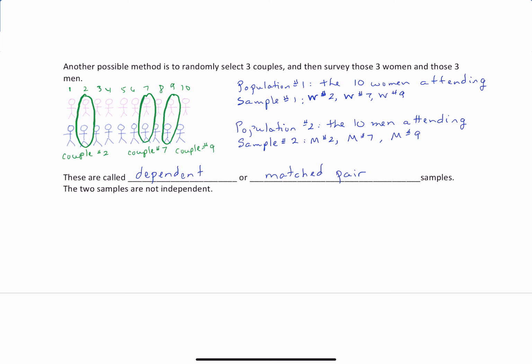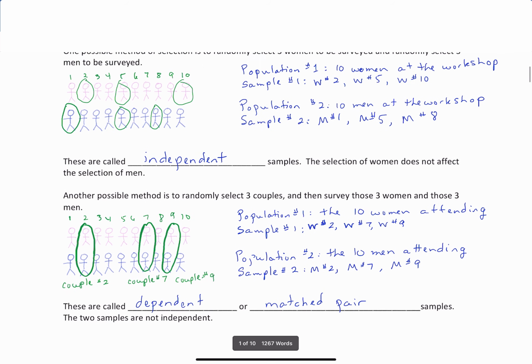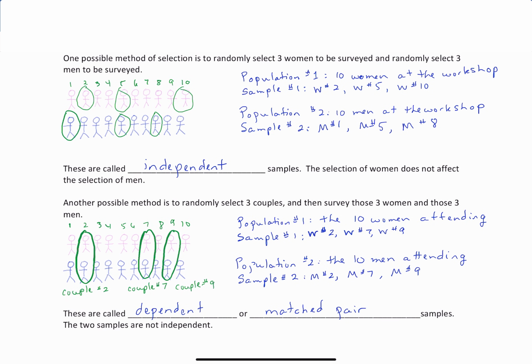The 2 samples are not independent. The choice of the men depends on the choice of the women and vice versa. Again, in both scenarios, we have 2 separate populations. We're sampling from each population. It's just that our sampling method is different.